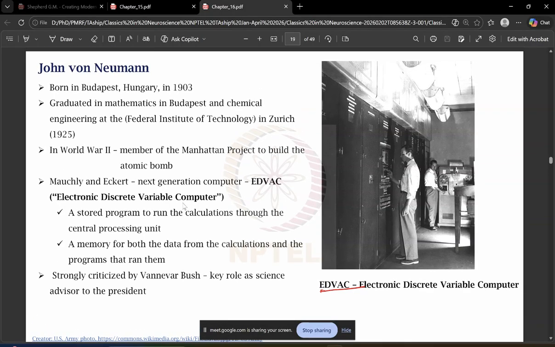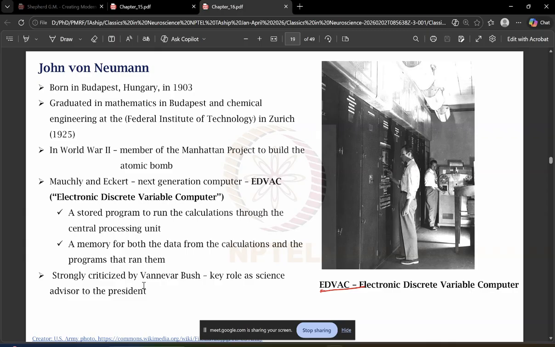And this EDVAC again, they took funding from the Department of War. Basically, they again applied for funding at the Ordnance Department at the Department of War. But at that time, they were being strongly criticized by Vannevar Bush. So, Vannevar Bush was actually a scientific advisor to the President of the United States, and later he also really propelled the funding towards science in the United States.